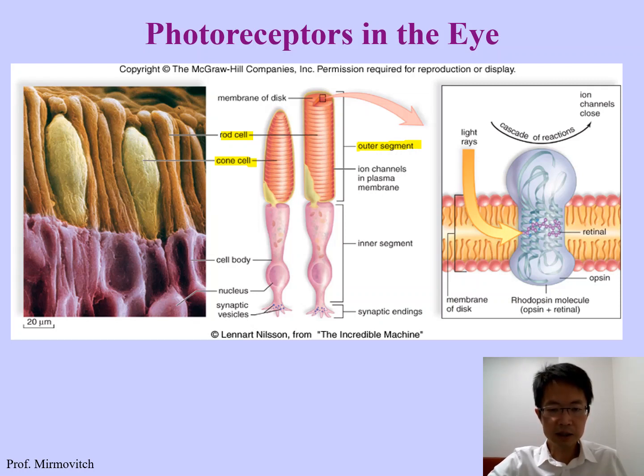Inside the disc, they have the chromophore. For example, this is a rod cell. In the rod cell, they have rhodopsin. Basically, it is made of retinal. Remember, retinal comes from vitamin A.